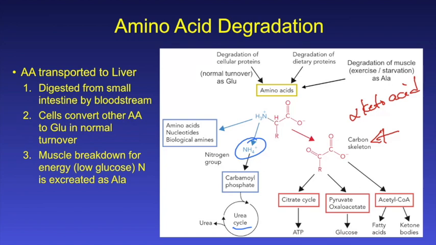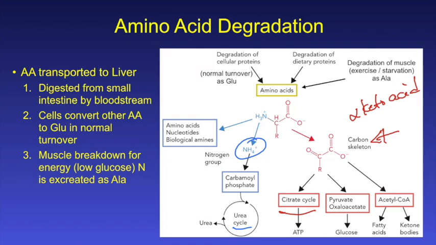But when you deaminate any of the amino acids, take off the amine, we do it in a way that we replace the amine with a ketone, and it becomes an alpha keto acid. Once we have the alpha keto acid, it will break down into one of the structures of one of the pathways that we have already learned, most of which will be the citric acid cycle. But we will also go into other pathways.